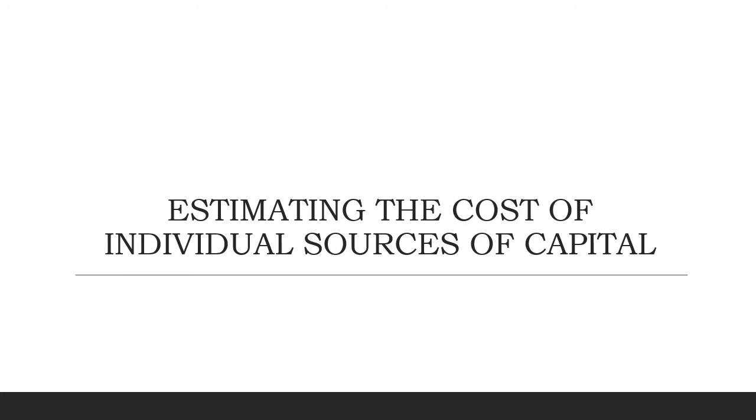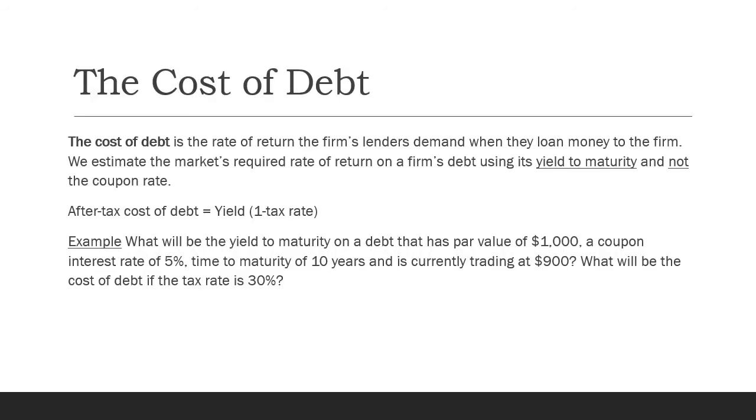But there are questions that require you to calculate the cost of each component of the capital. So the next slide discusses how you calculate the cost of each of the capital. All right.